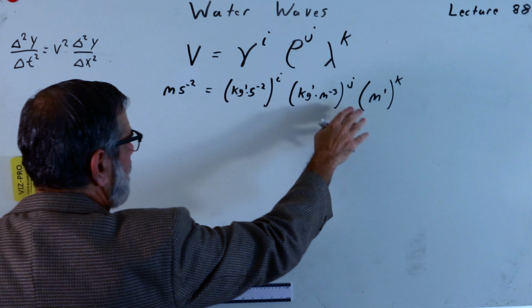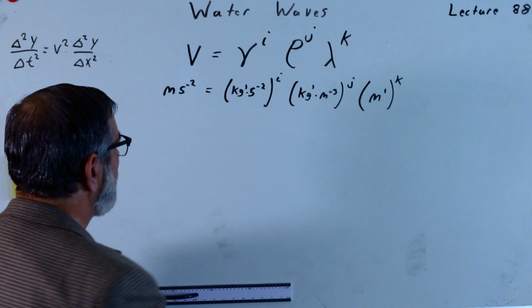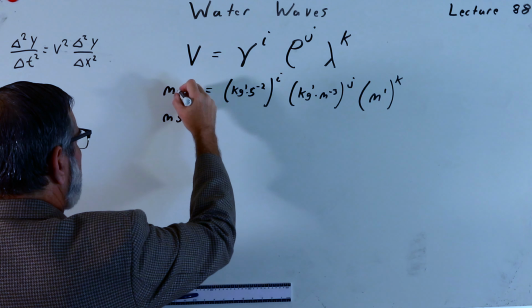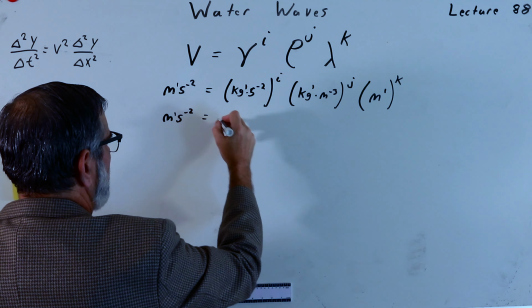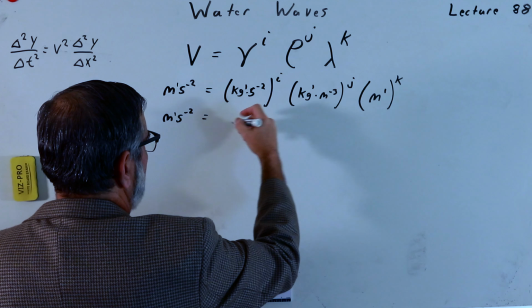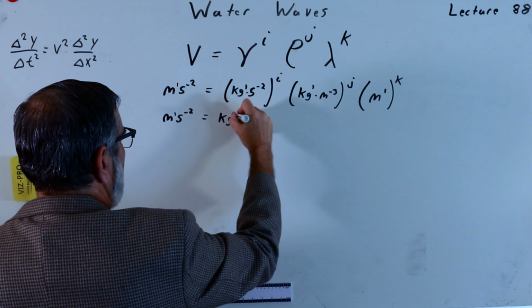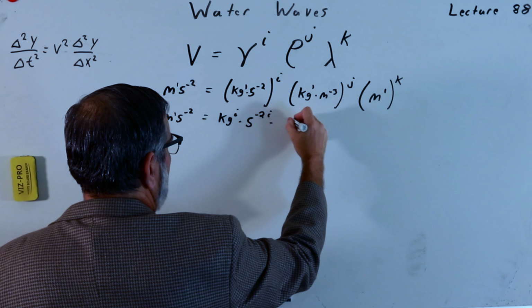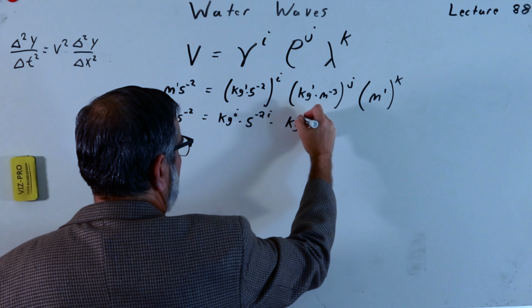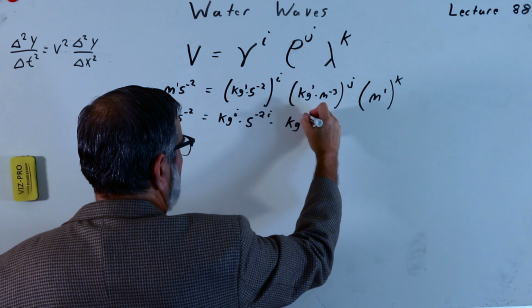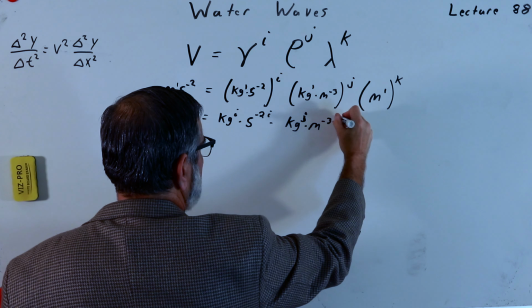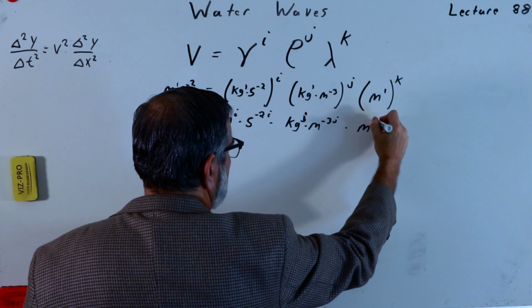So now let me use the law of exponents here and rewrite this. Meters to the 1 power, seconds to the minus 2 power equals, and then we'll mix all these up. We're going to have kg to the i times seconds to the minus 2i times kilograms to the j times meters to the minus 3j times meters to the k power.